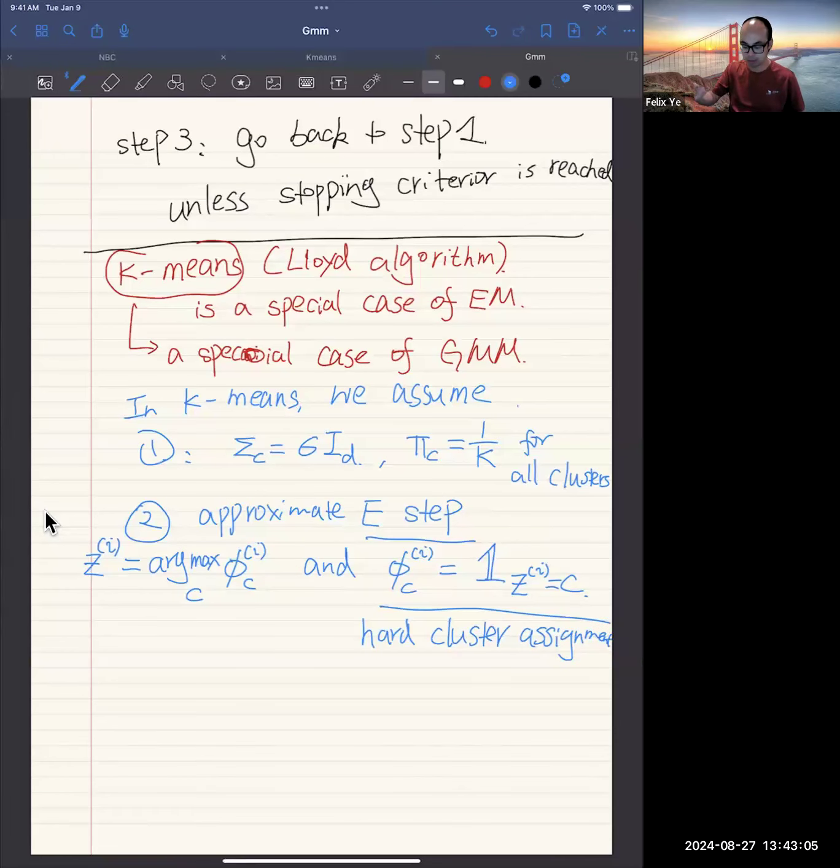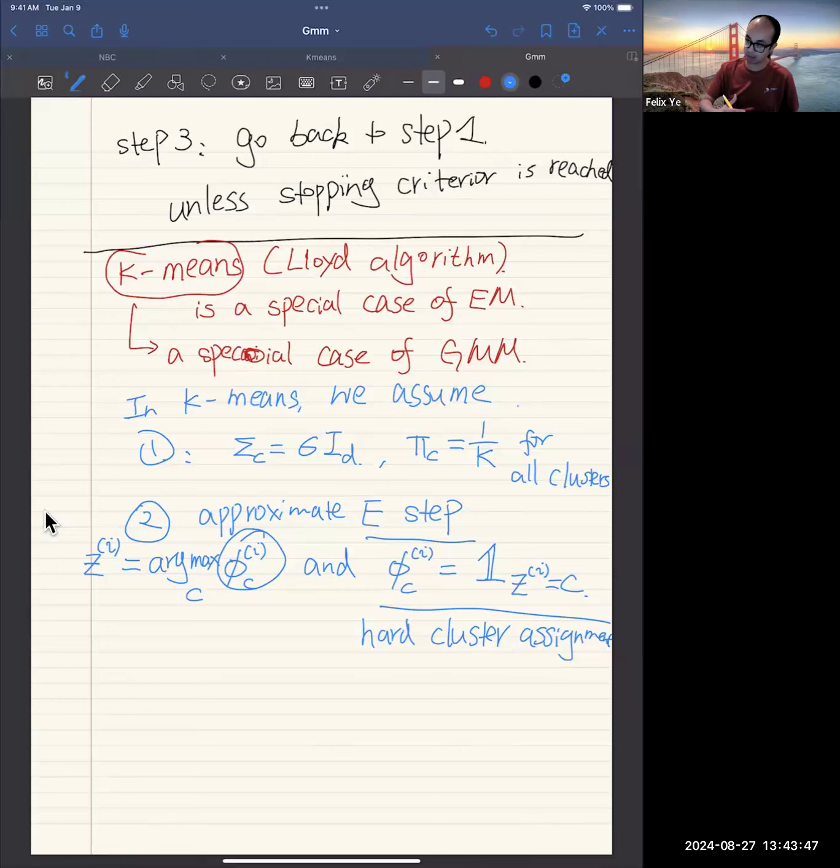So that means during this E step, once this point is assigned to the cluster C, the probability to be in the cluster C will be 1, and the probability to be in other clusters will be 0. But in the EM algorithm, because we have this posterior distribution right here, the closest one will have the highest probability component. If we want to make predictions, that will be the cluster that we predict.